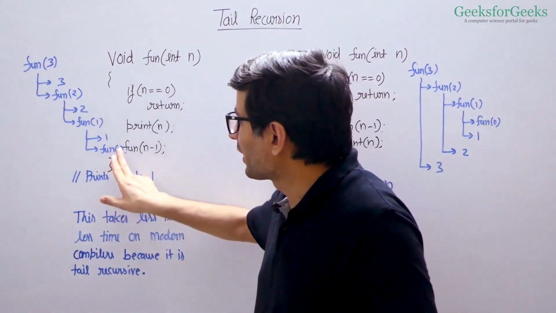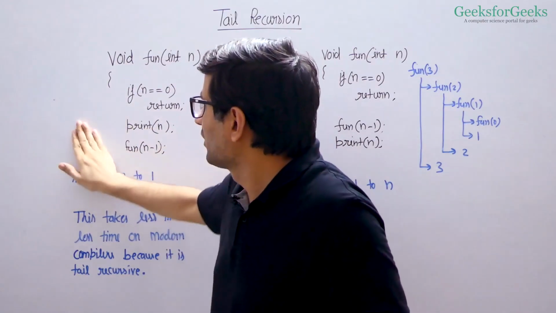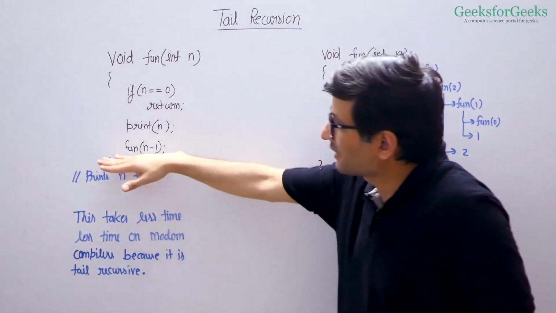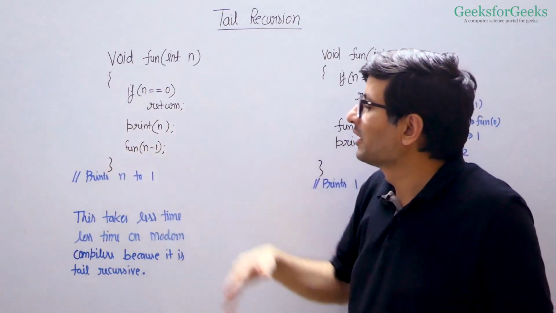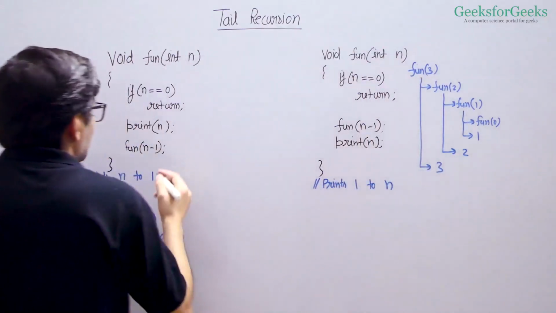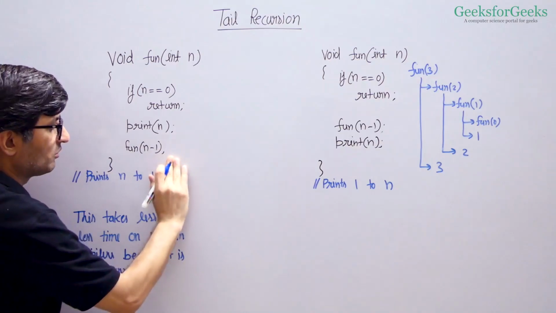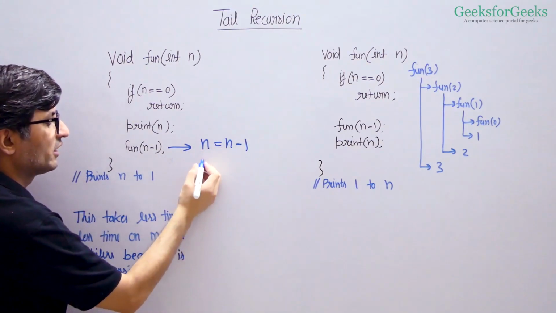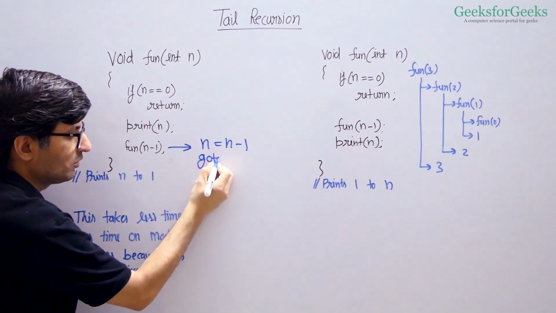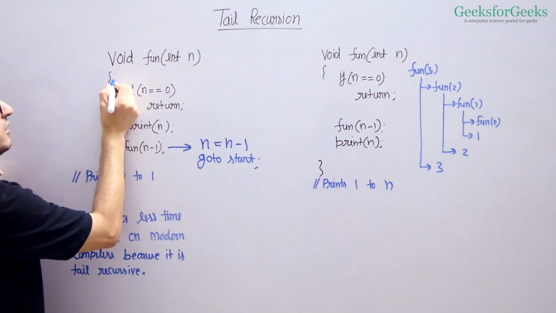So when modern compilers see such a tail recursive function, they realize that the last thing is the recursive call, so they change such functions. The changes that they make are, they change this line to n equal to n minus 1, and then they add a goto start, and they add a label start.